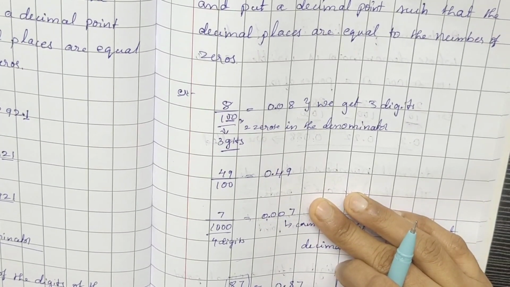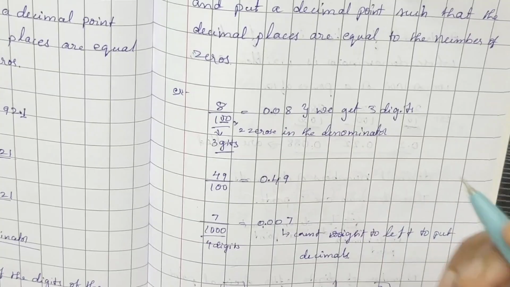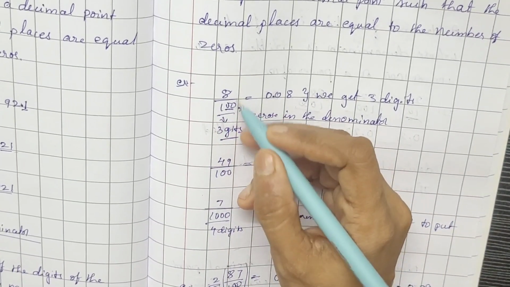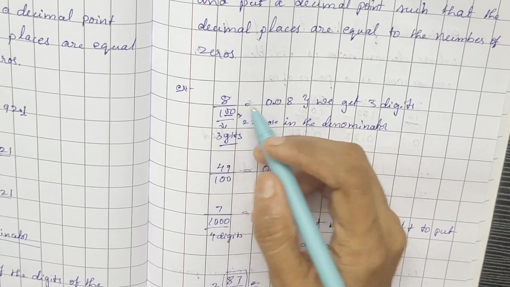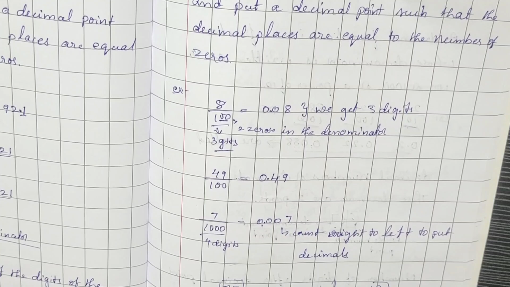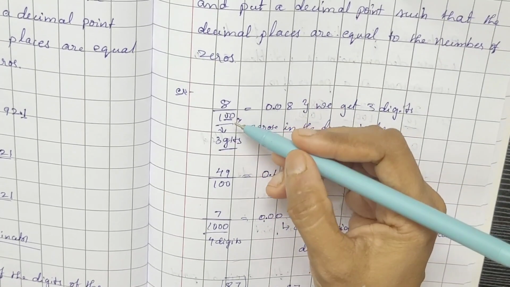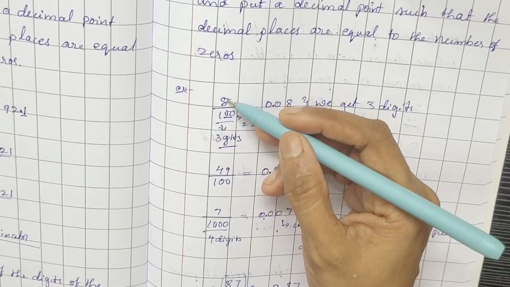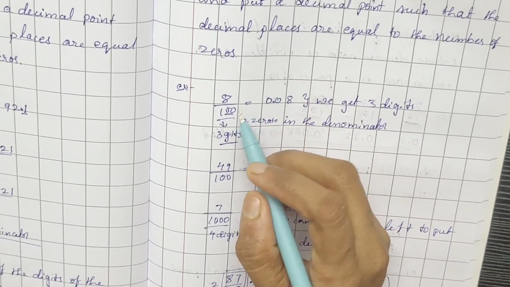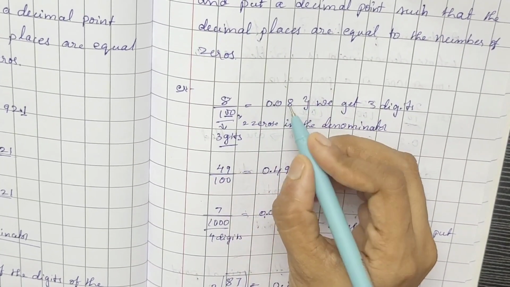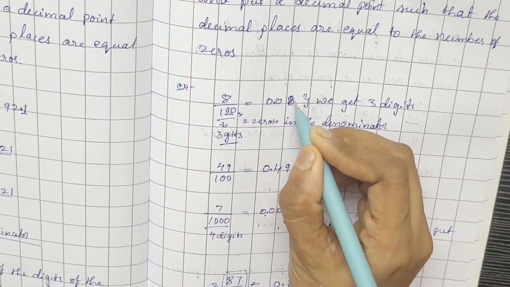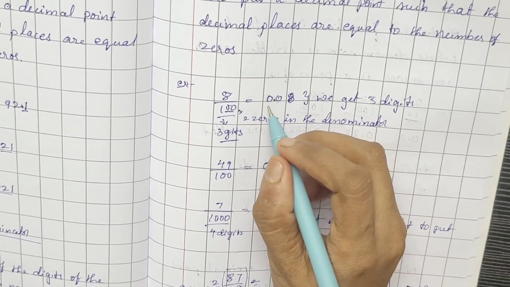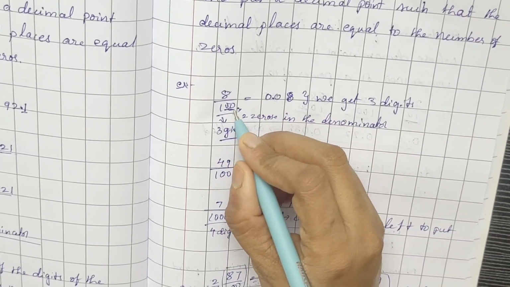So we have to put zeros. The number of digits is equal to this. For example, write 8 here. Then we have to put zeros.